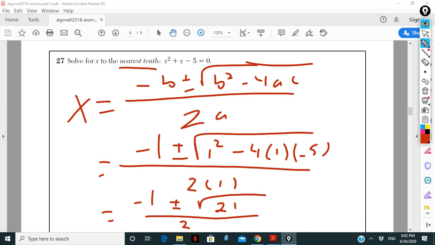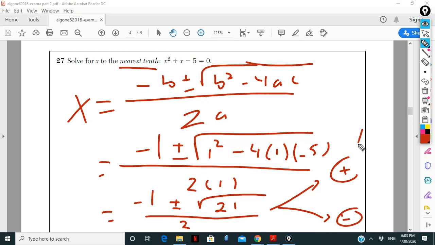Okay, so one time with the plus, one time with the minus. For the plus, the square root of 21 is 4.582, plus -1 gives us 3.582, divided by 2.